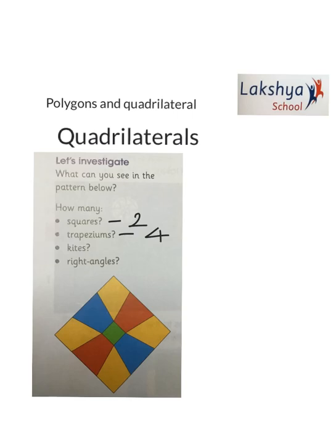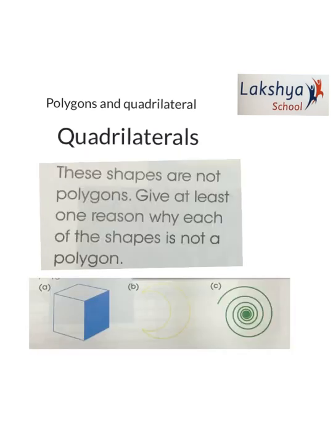Number of kites is 1, 2, 3, 4. Let's check with the protractor for the right angles. When I observe over here, I can see that there are 8 right angles.